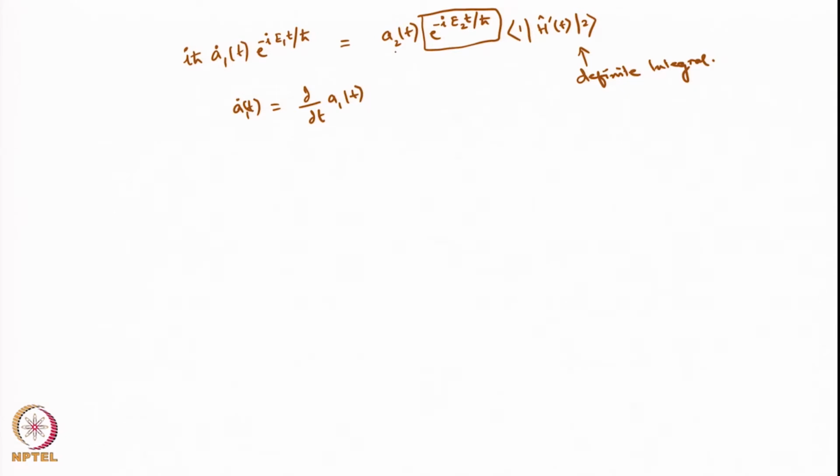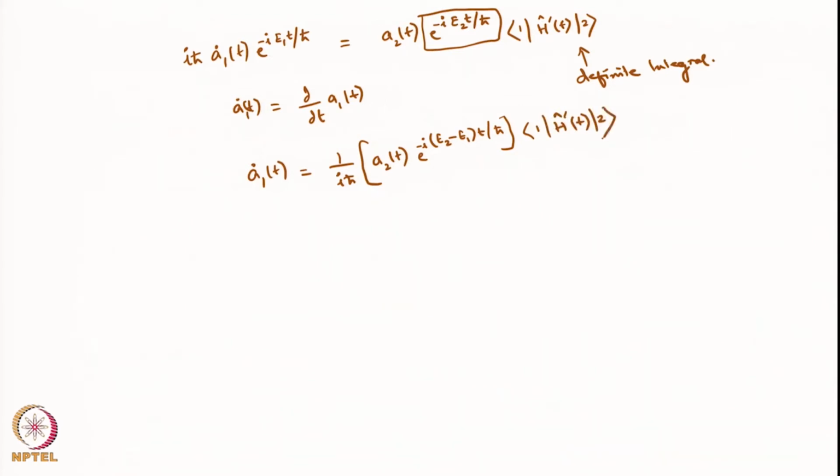One can rewrite this a little bit in a different way. A1 dot of t is equal to, taking i h bar to the other side, 1 over i h bar times A2 of t e to the power of, now you can take the exponential function to the other side, minus i (E2 minus E1) t by h bar, and the integral of 1 H prime of t 2.